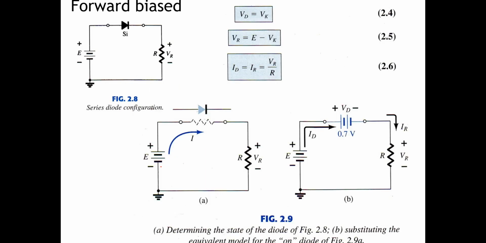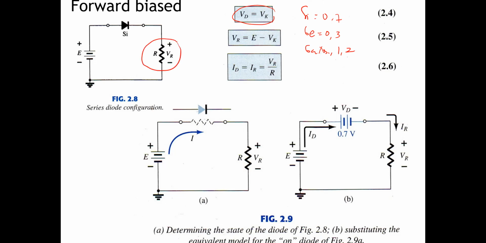Okay, and this is the forward bias. In forward bias, the diode voltage VD is equal to VK, the key voltage, so it depends on the diode. If we use silicon, VK is 0.7, germanium is 0.3, gallium arsenide is 1.2, and so on. If we connect it in series, we can calculate the VR.